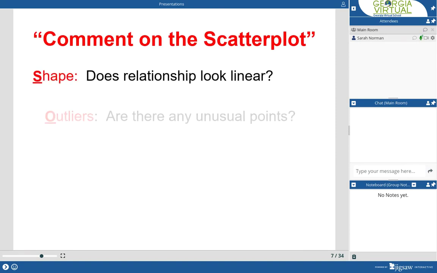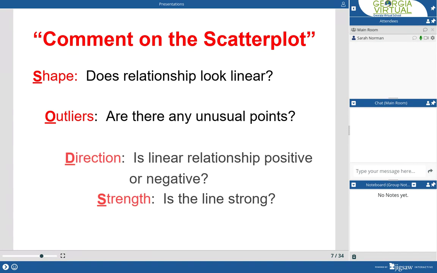When you're looking at a scatter plot, you want to look at the shape. Does it look linear? That's almost one of the first things you're going to look at. Are there any unusual points or outliers? Although you have to actually do calculations to determine if there's an outlier, you can still look at the graph and maybe predict what might be an outlier.